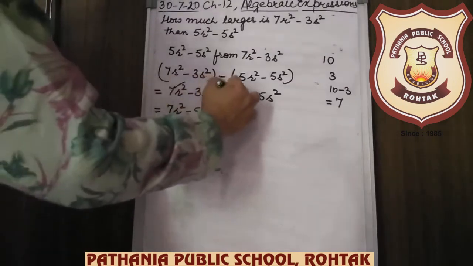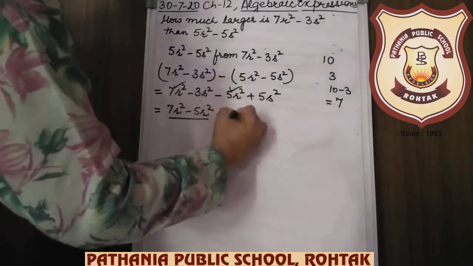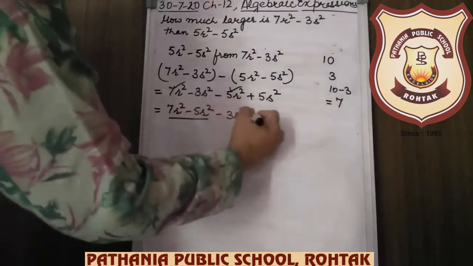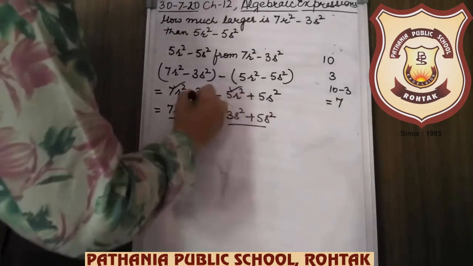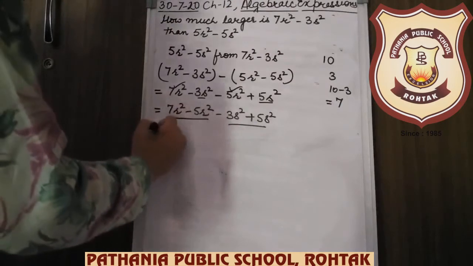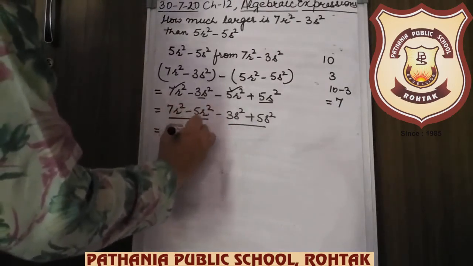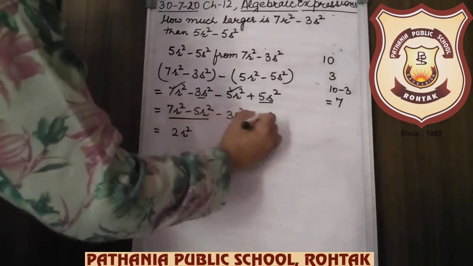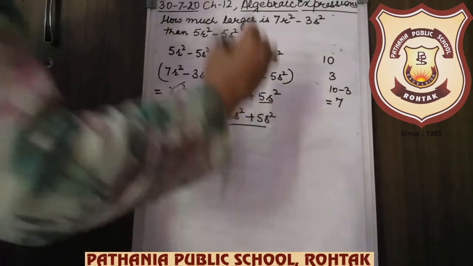Use these. Now go to the terms with variable s square, minus 3s square and plus 5s square. So we have used these two also. So all the terms are grouped. So this is 2r square and minus 3 and plus 5, again 2s square.